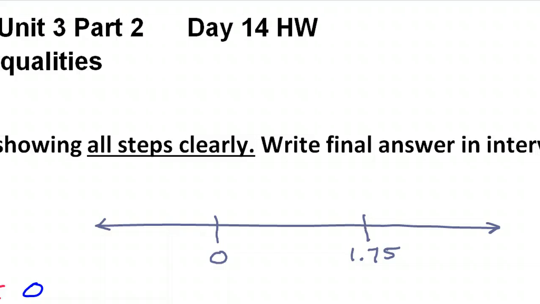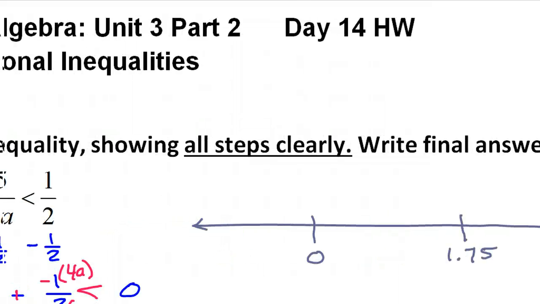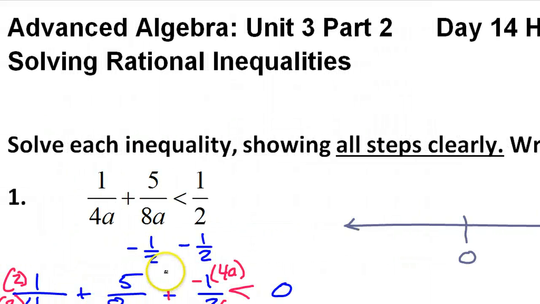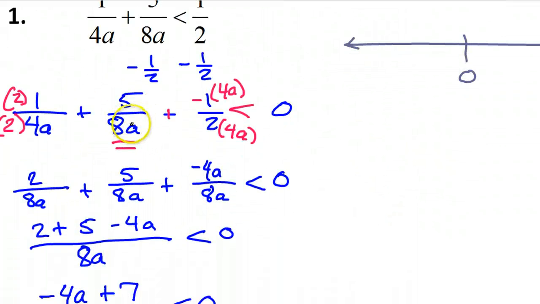Okay, now as I form my number line graph, I'm going to ask myself, open circles or closed circles? Because we want the values that are less than 0 but not equal to 0.